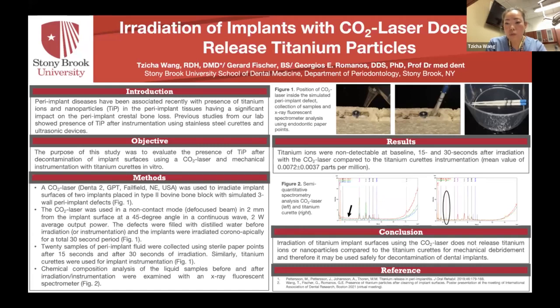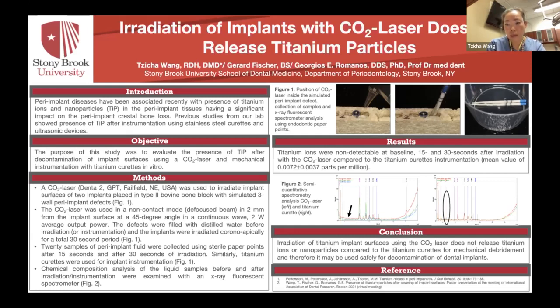And normally where we see a titanium peak will be about 4.5, where the arrow is pointing. However, we don't see anything. The data didn't show any detection of these titanium ions. Whereas on the right side, using a titanium curette as the debridement method, you can see the peak.